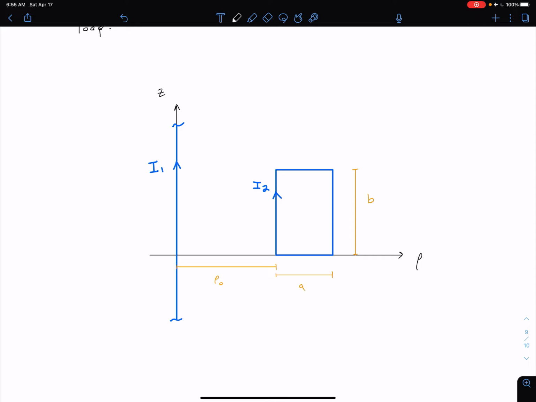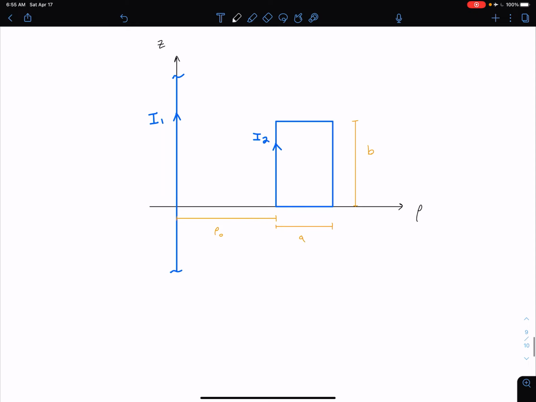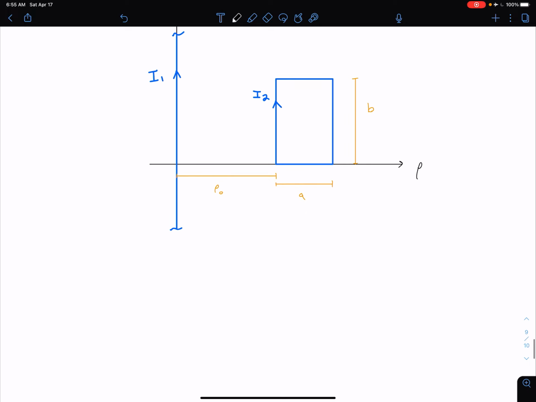Okay, so looking at this, it might be tempting to say we had our three cases where we could experience force due to magnetic fields, and here we have two current carrying elements. So we could say, let's look at case 3, which was the case of force between two current elements, because of course we have two current elements here, so why not?